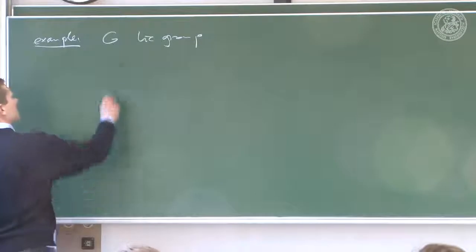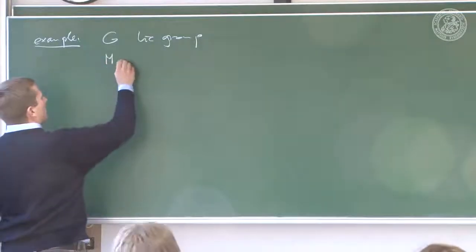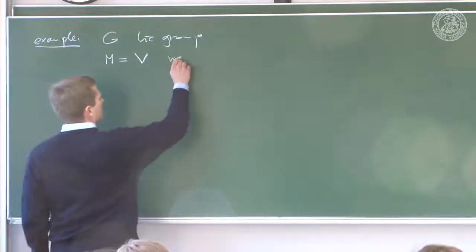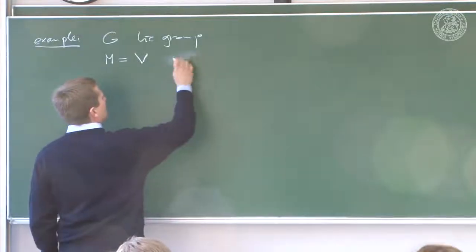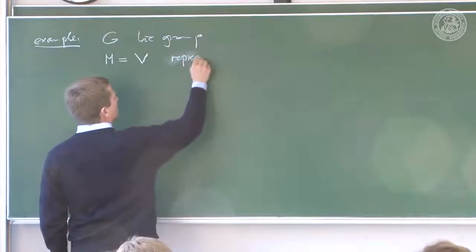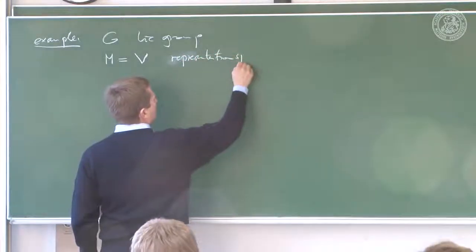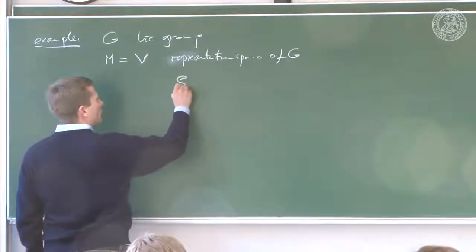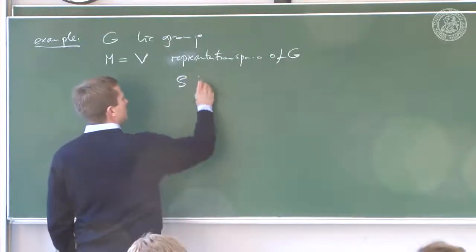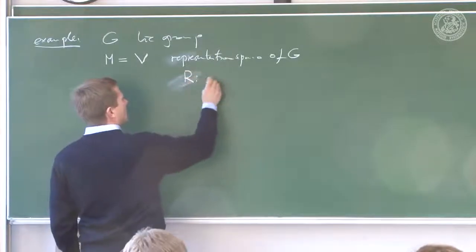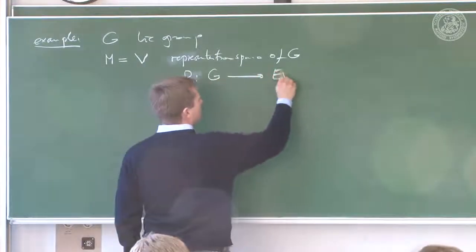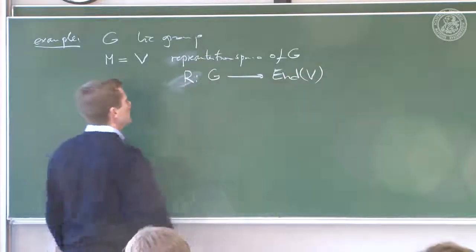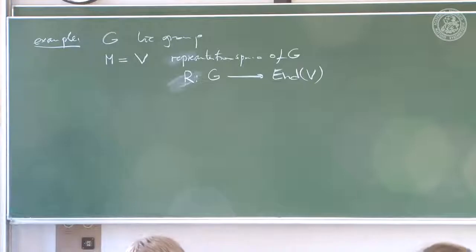And as the manifold, I can choose a vector space, and not any, I choose a representation space of G that comes with a linear representation, capital R, that takes the Lie group into the endomorphisms over this vector space. Well, we said we have such a representation.